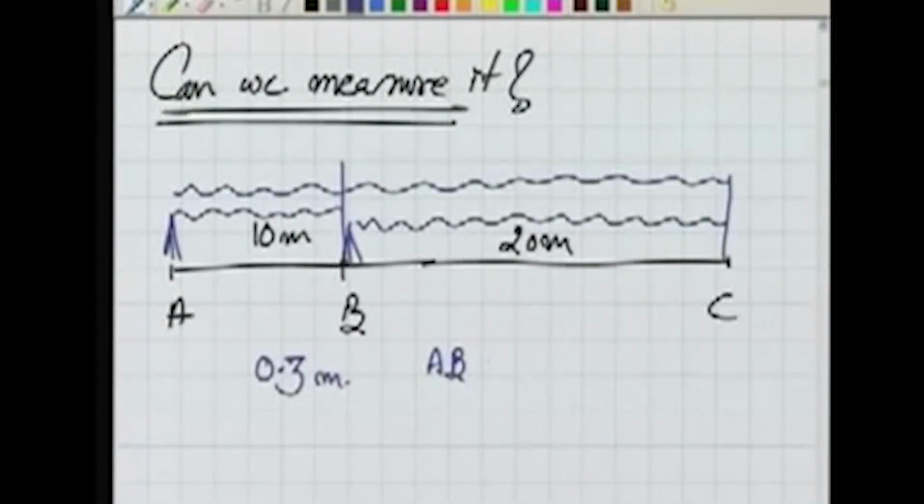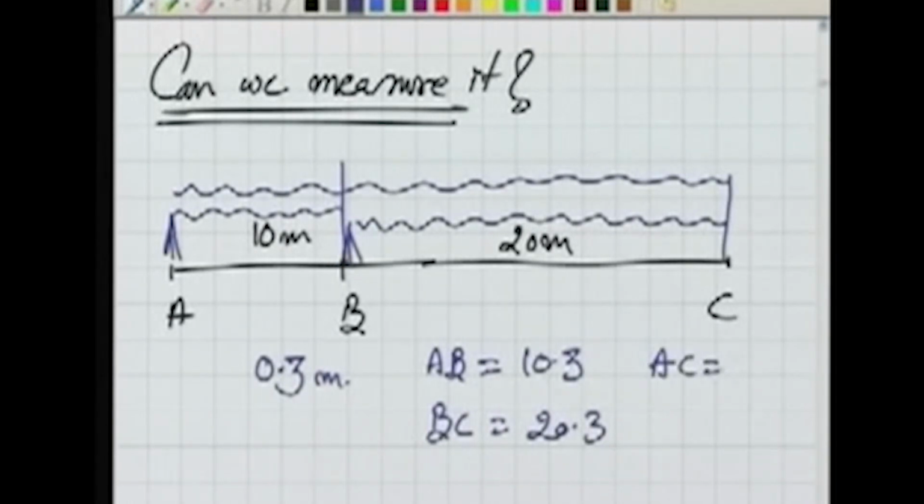The measurement AB will come out to be 10.3, BC will come out to be 20.3 and AC will come out to be 30.3. Obviously, because the error is constant in the same direction. Now, using these measurements, can we determine the amount of the zero error? Right now, we are considering that it is 0.30 meter.